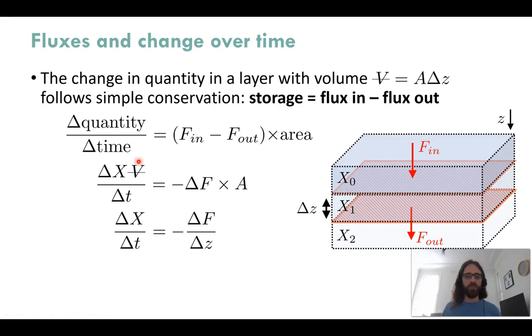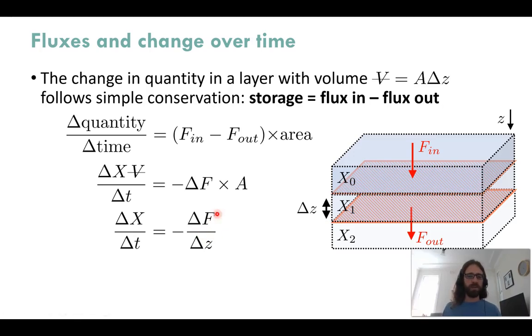Now we have a volume on the left, which is equal to the area multiplied by the thickness, the finite thickness of our depth. And then you also have an area on the right-hand side. So the areas cancel out, and you can also move this delta Z that appears from the volume over to the denominator on the left-hand side.